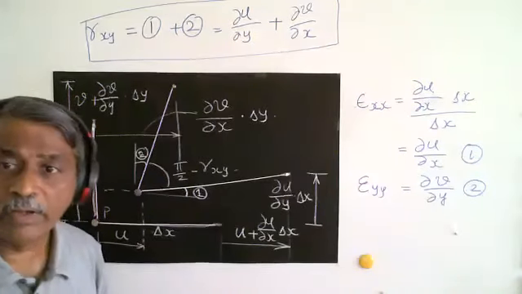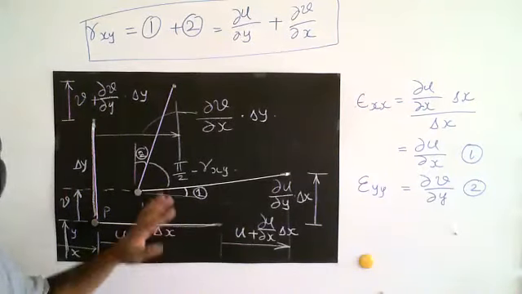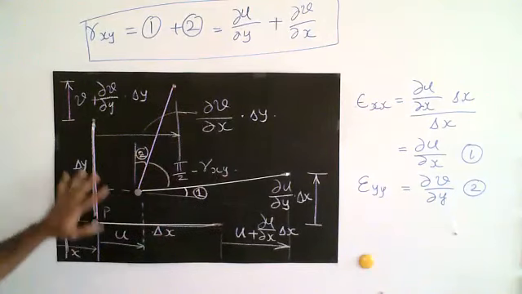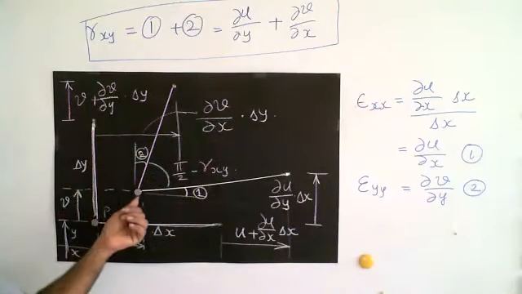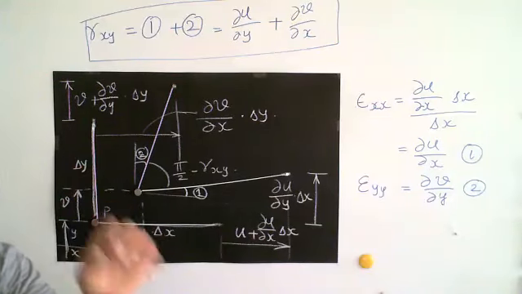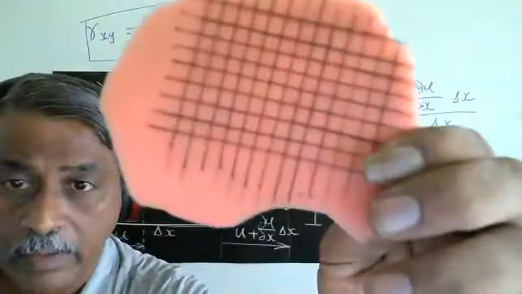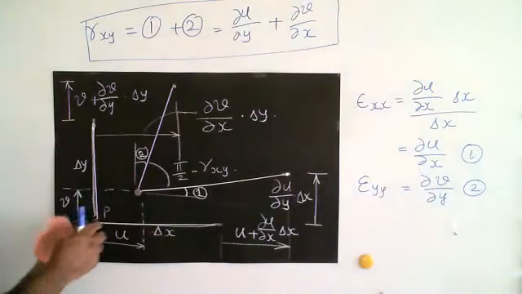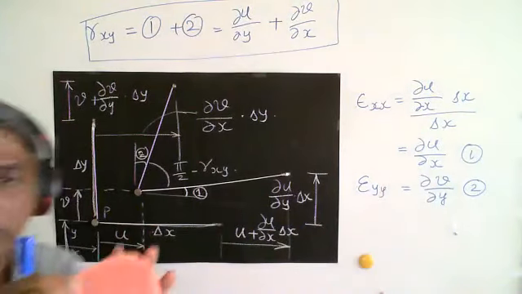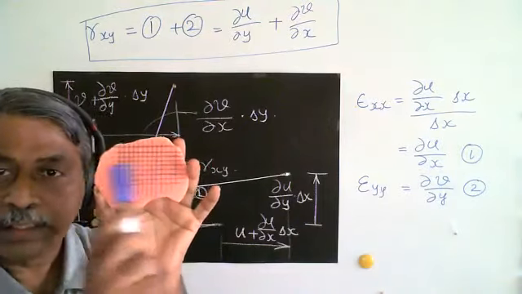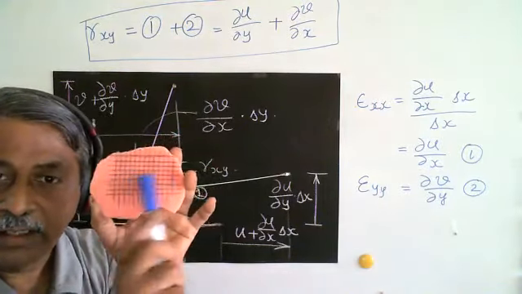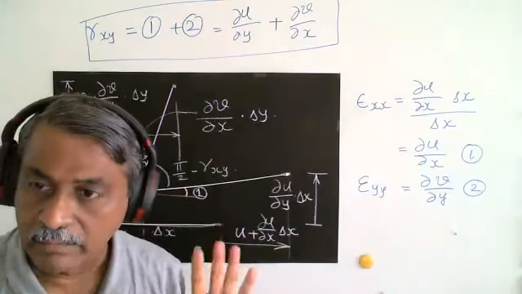Okay, good. Now we have found this in terms of the displacement that has occurred in the body. Remember, this is only one single point I have taken of this entire body, right? I can do this for all the points of the body as long as I know the displacement field in the U and the V direction.